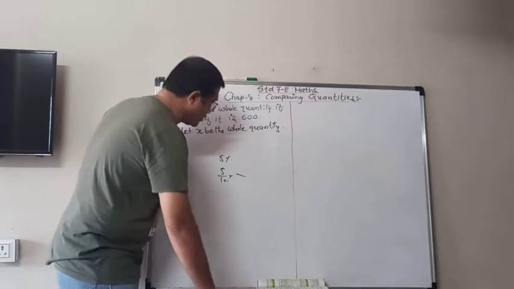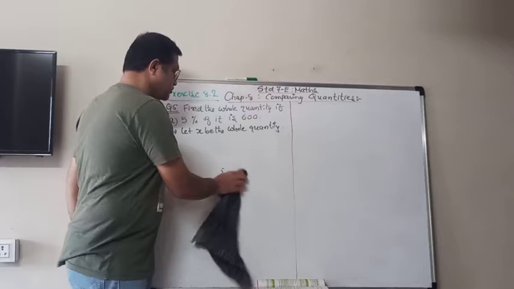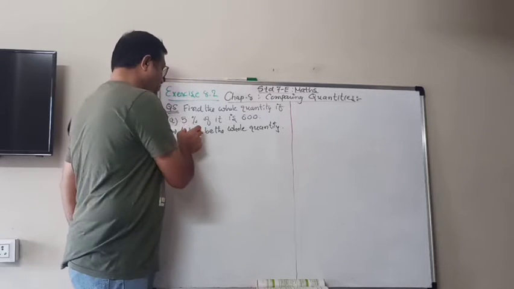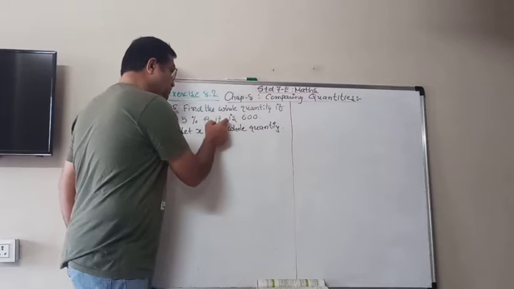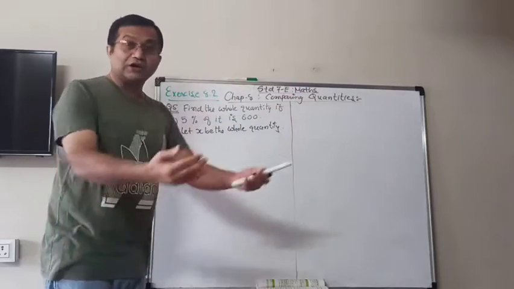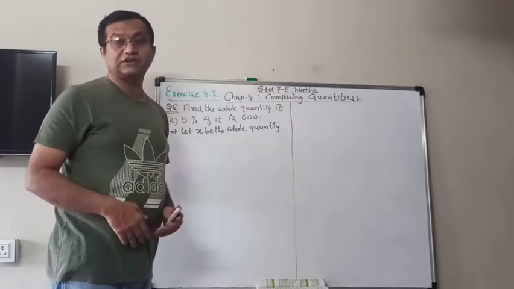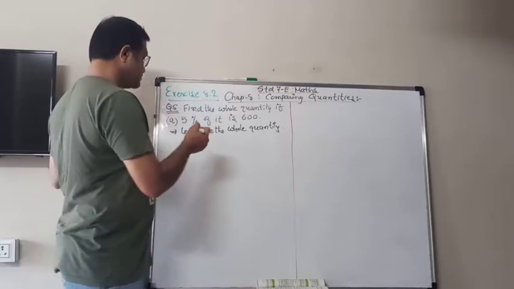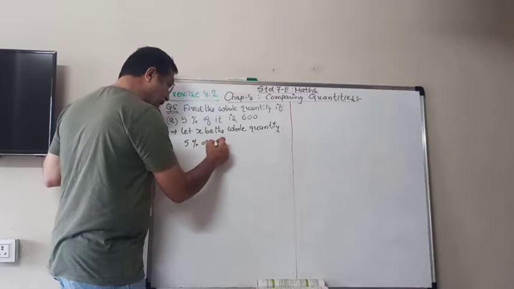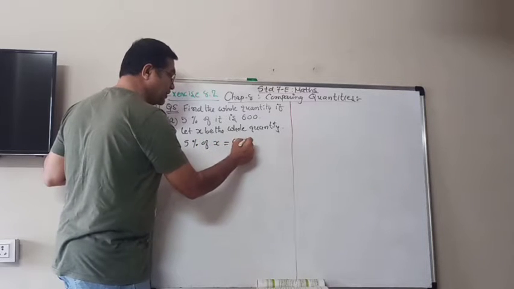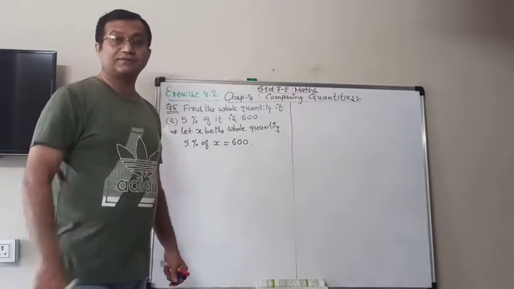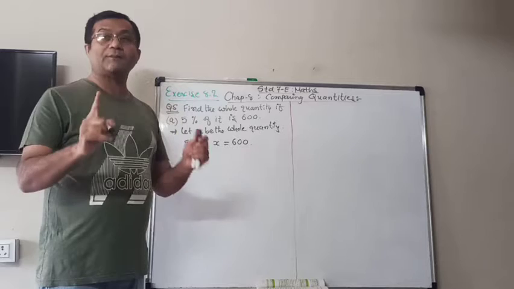That is the wrong answer, because here 5% of a particular amount is 600. So 600 is already the given answer. You have to find the original quantity. So here 5% of X is already given as 600. So don't count 5% of 600. Read the question properly.